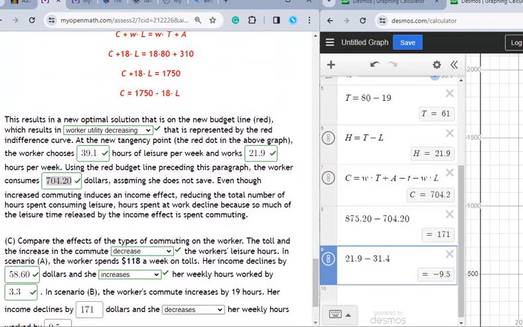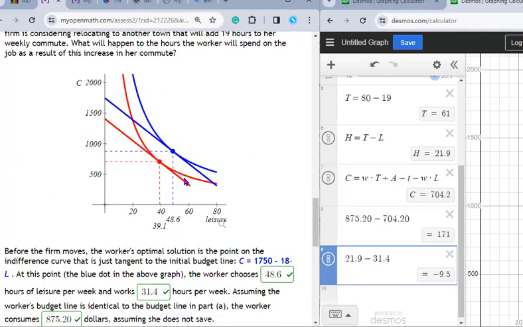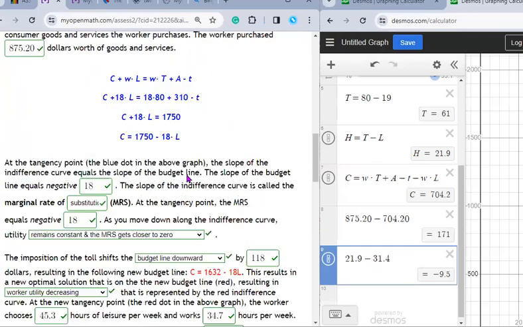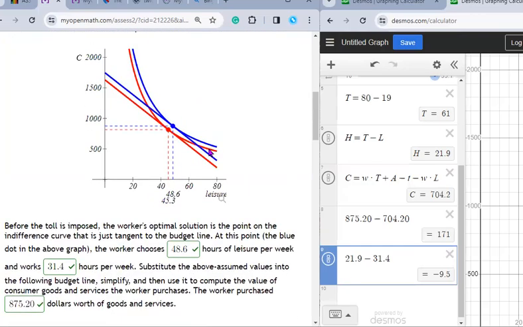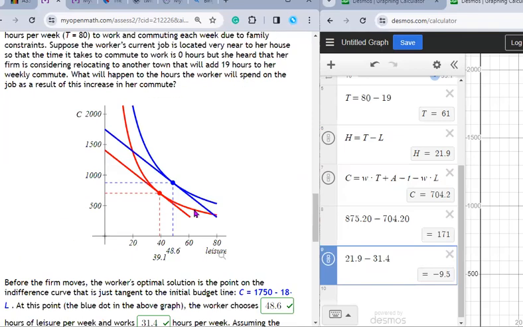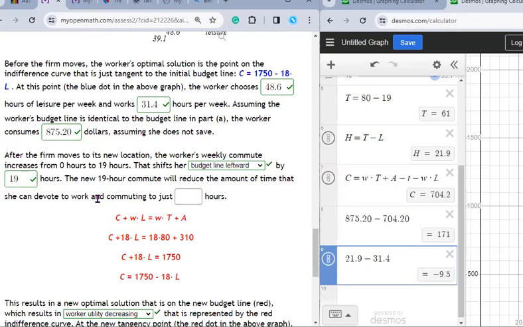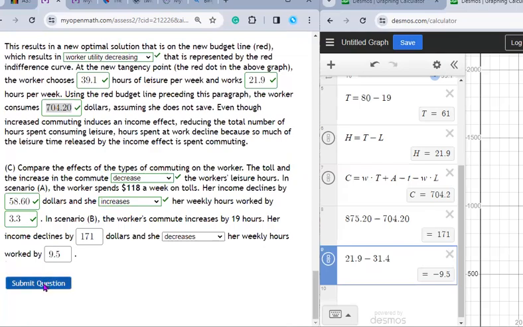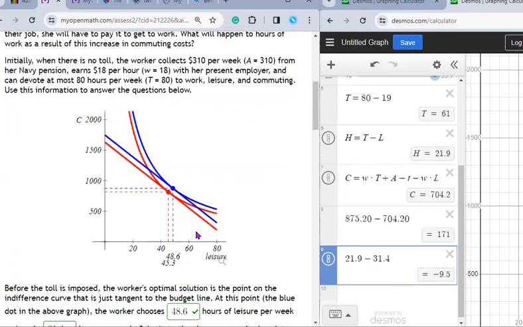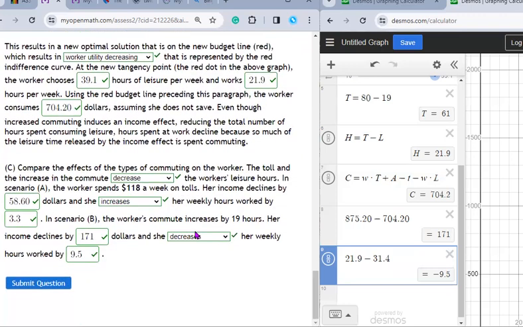It lowers her utility more than it would have if it was just a toll, right? Her utility is shifted way in. See that? Her utility is shifted way in relative to up here. This is a smaller change in utility. This is a huge hit to utility, right? She took a huge hit to her income, right? So that's why people say time is money.